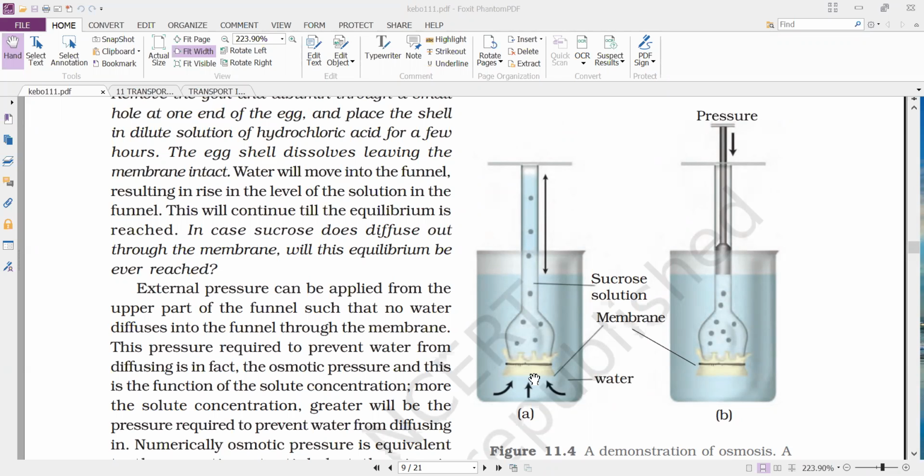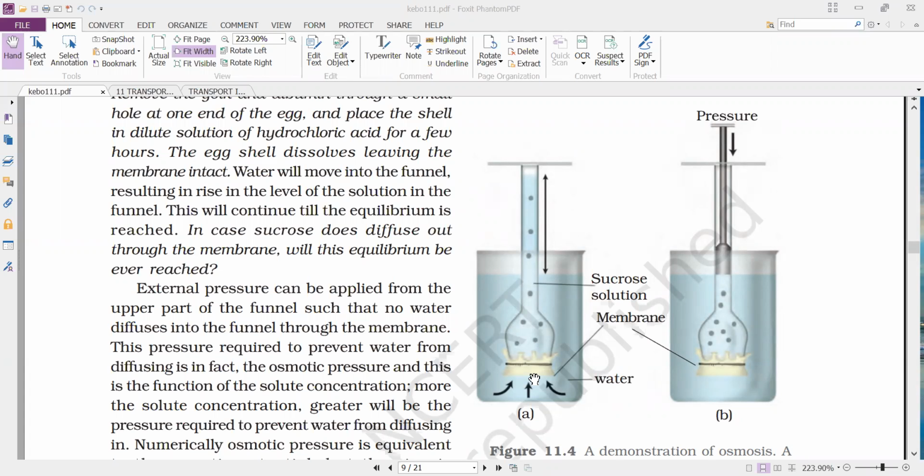That is what you have to understand. Only water is allowed, and the water in the beaker has higher water potential compared to the sugar solution in the thistle funnel. So continuously the water will enter the thistle funnel through the selectively permeable membrane.